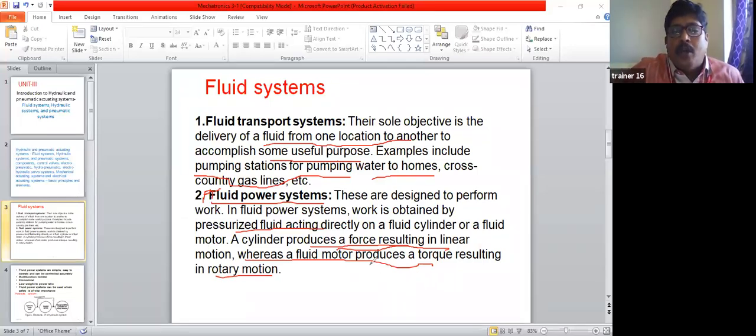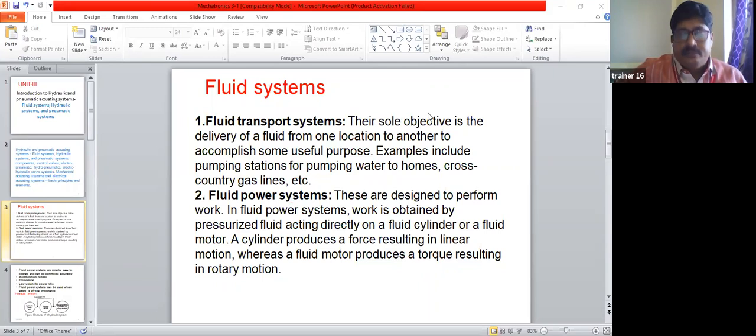Whereas the fluid motor produces a torque resulting in a rotary motion, the cylinder produces a force in linear motion. In the motor, the torque makes the shaft rotate, resulting in rotary motion. So now you are clear about this one, and next we'll go for the next one.